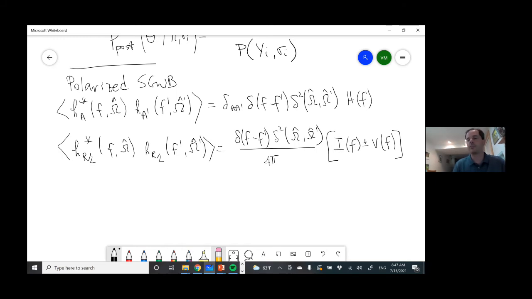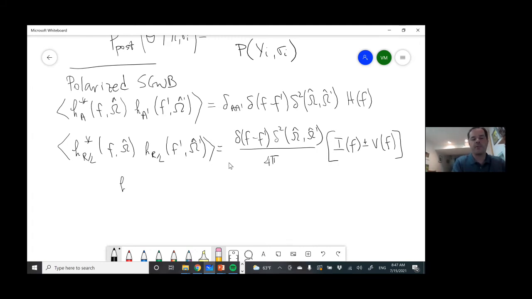So the idea being that if we have two right polarized waves, the strain power will be higher than if we have two left polarized waves, assuming that V is positive, of course.